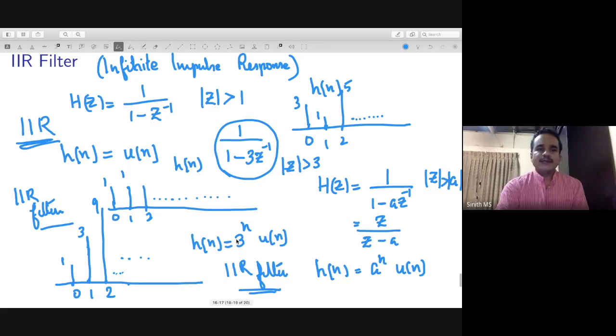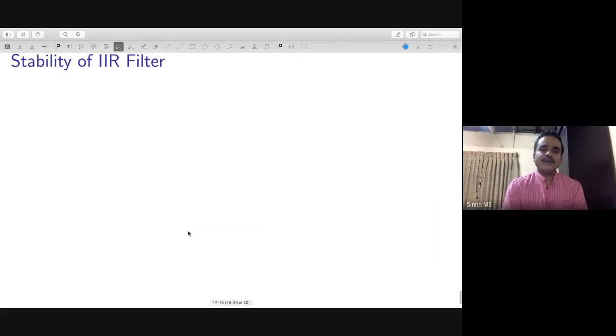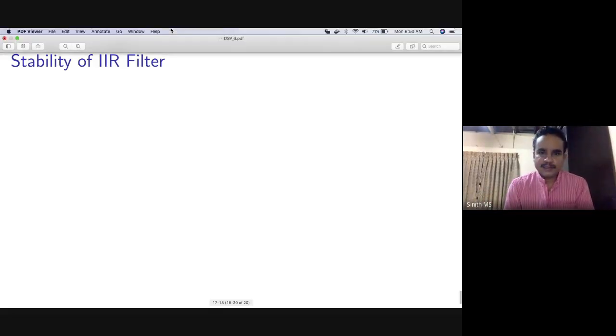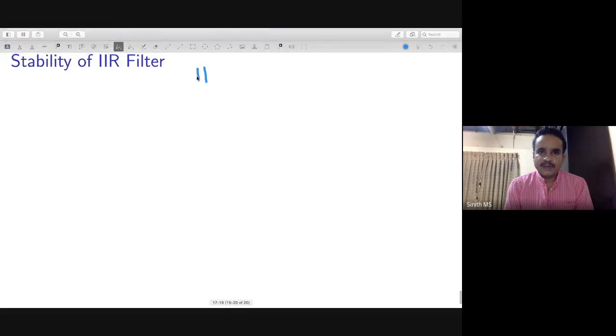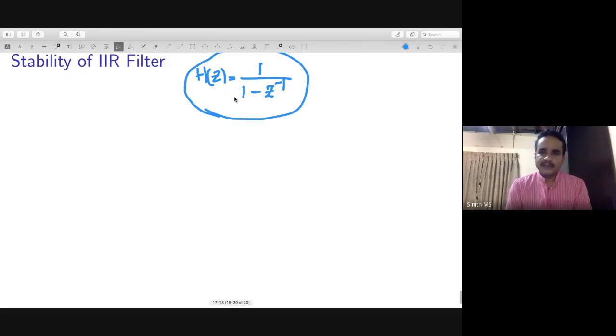Now if you see the stability criteria, stability of an IIR filter, let us take an example of H(z) equal to 1 by 1 minus z inverse. Does this have any zero or does it have any poles? We are concerned more about the poles than zeros.